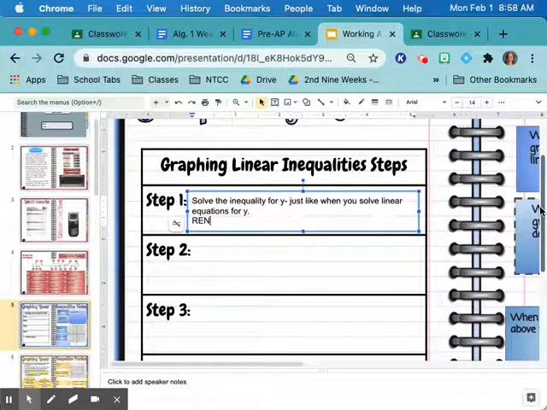But a big reminder: you must flip the inequality symbol when you divide both sides by a negative.